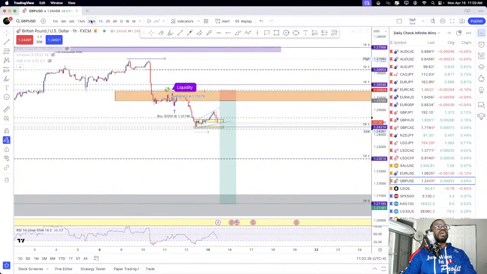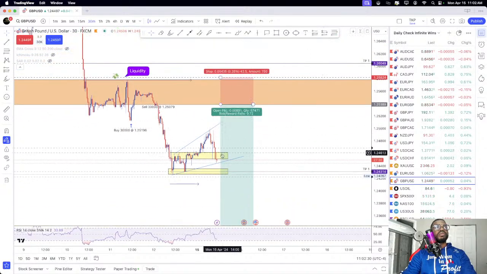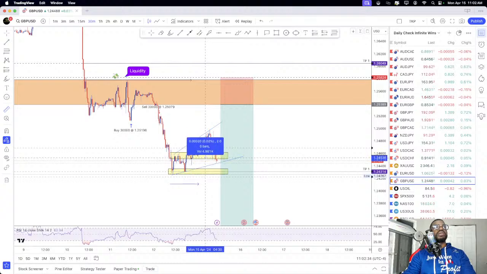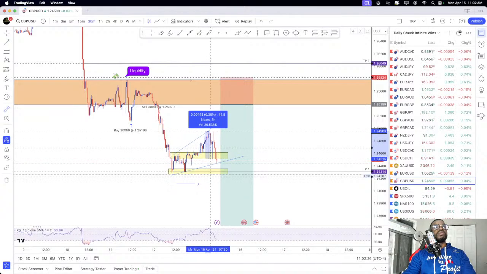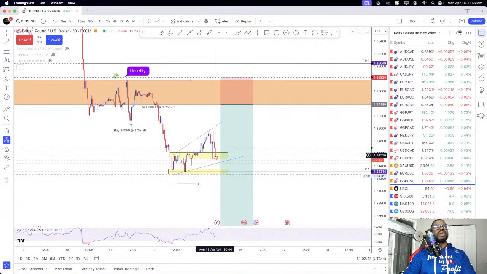For the reasons like this that we just showed you with that wick, this wick went up 44 pips and took away everything in a few candles, okay?